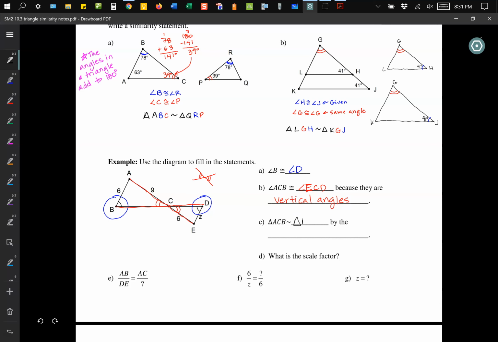Unmarked angle would be E. The one with 2 marks is C. And the one with 1 mark is D. Color coding is useful. And E's just do not look very good today. And why are they similar? They are similar by the angle-angle similarity postulate.